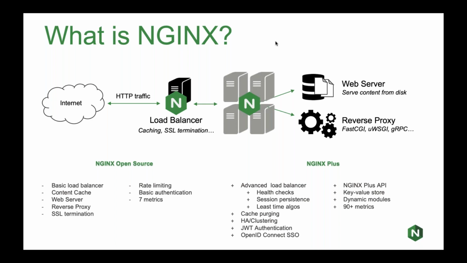And we extend the simple set of metrics available in NGINX open source with an entire API ecosystem, which allows for well over 100 runtime metrics to be collected, not only about the health and activity of NGINX, but also about the health and activity of the backends that it's connecting to.